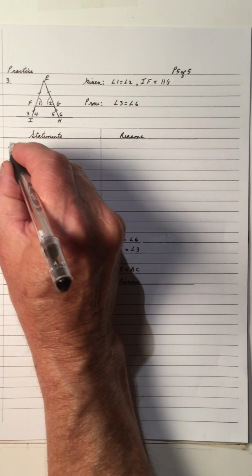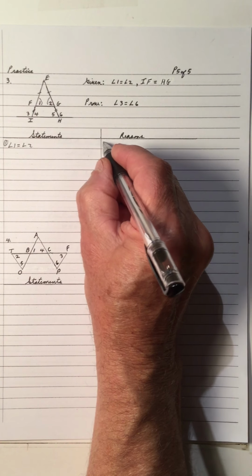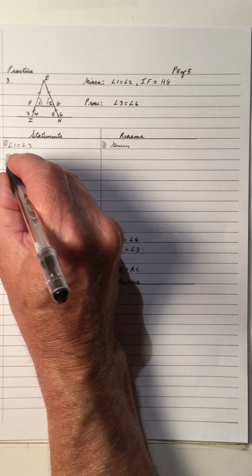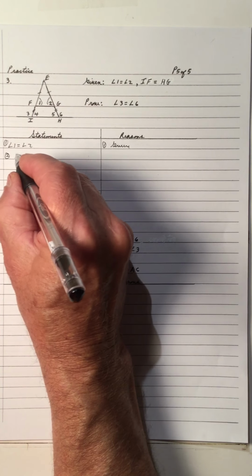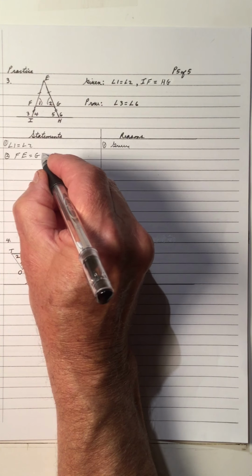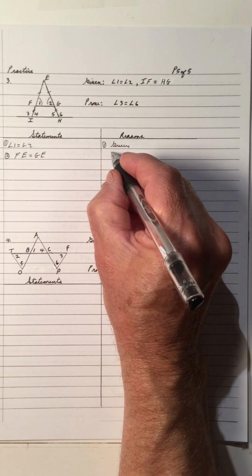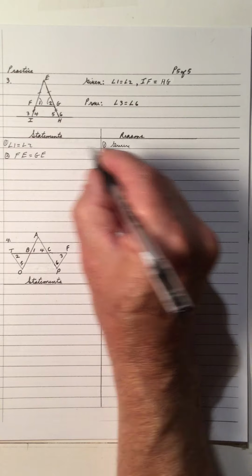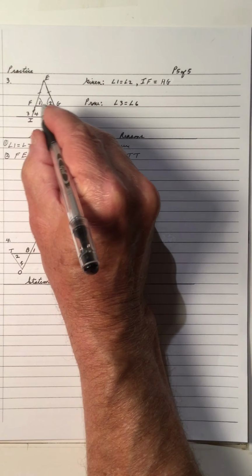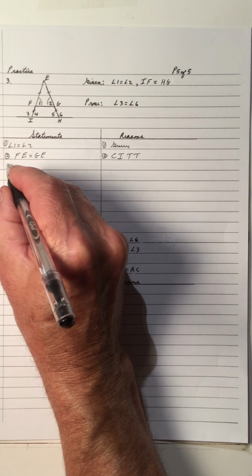Angle 1 equals angle 2, given. That means that we have FE equals GE, and that's two angles equal. That's the converse of the ITT. Two angles equal, two sides are equal.